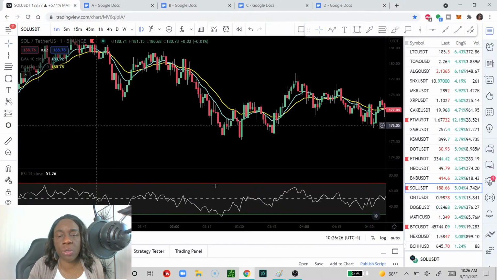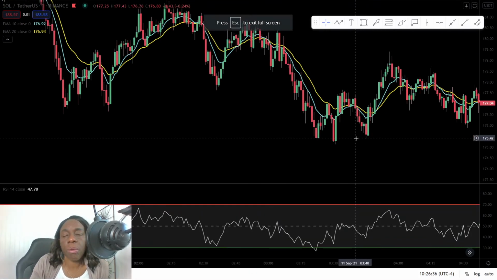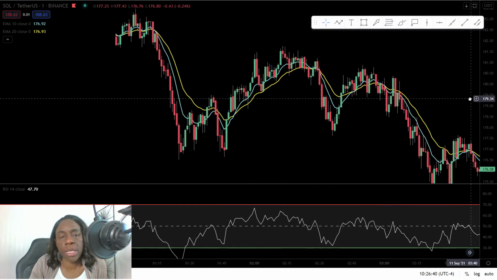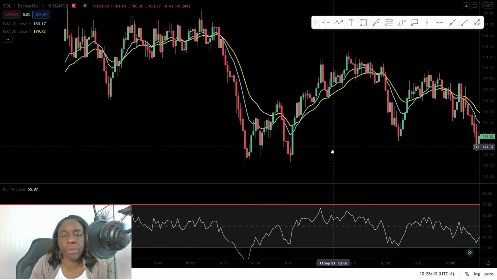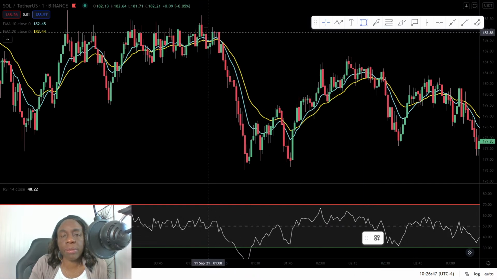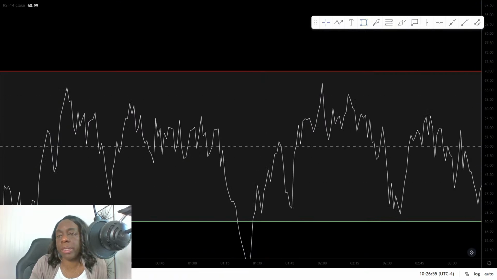Now I'm actually going to go to TradingView here, because that was just a print screen. Let me move this. Okay, so this is a nice one over here. We see this downward movement here, which nicely coincides with, no, that's not what I'm trying to do.